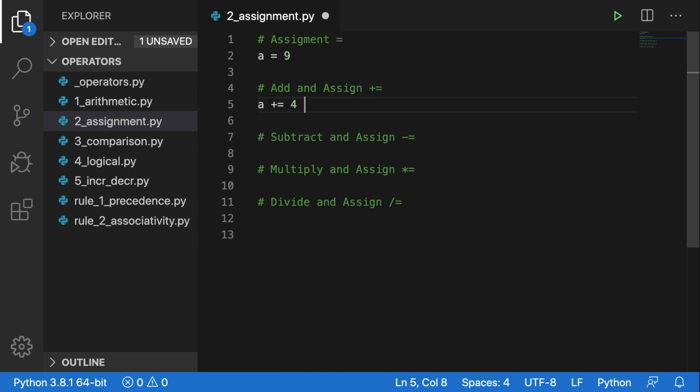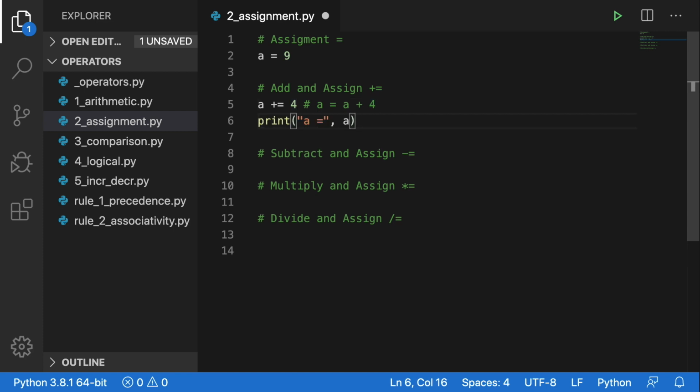So what it really does in the background is basically this. It's simply a plus 4. It adds a to 4 and then makes an assignment. Let's print the value of a, and it should be 13, 9 plus 4.